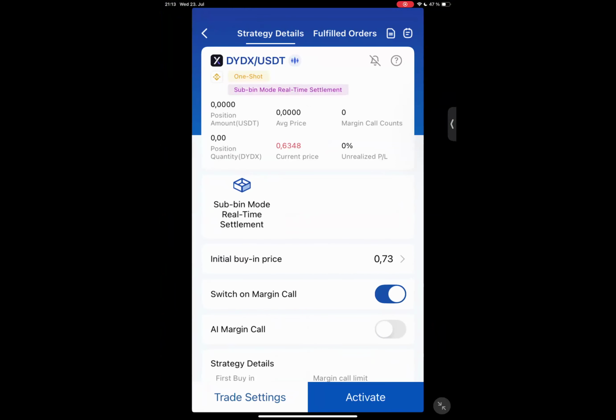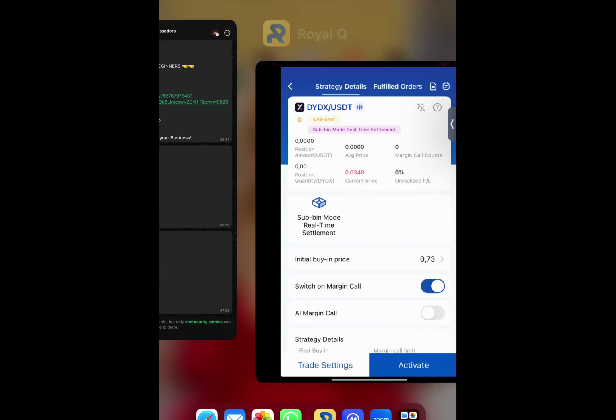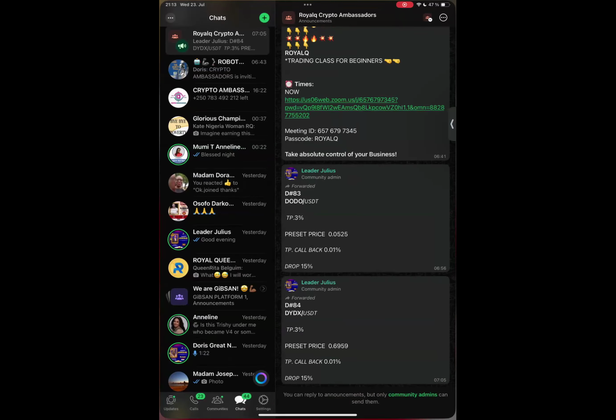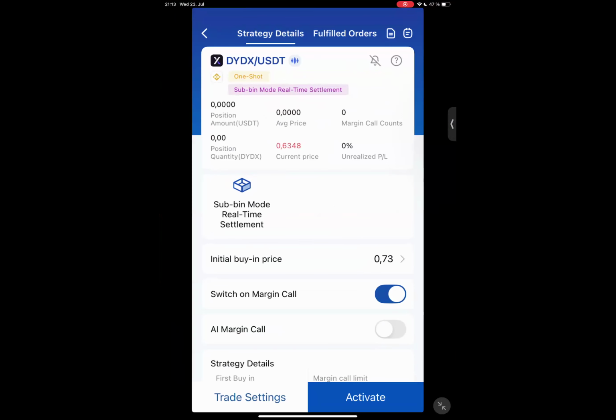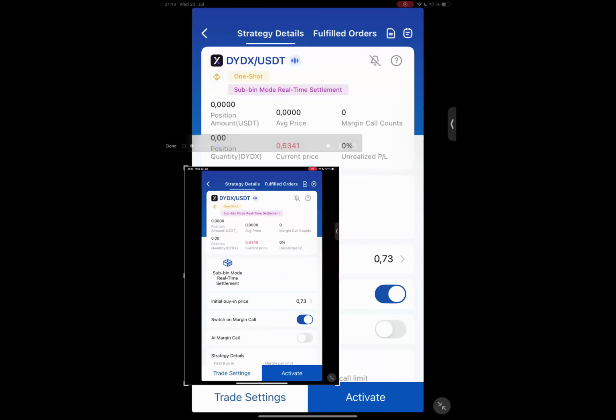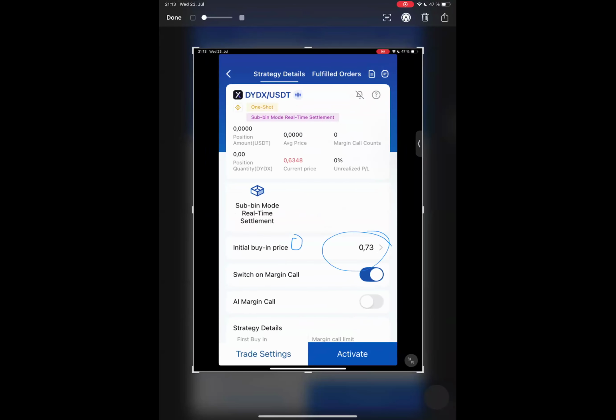Initial buying price. So let's say 0.6959. So this is the place I'm going to type 0.6915. Is it? Now, looking at 6915 and 6348, which one is greater? This one is more than this.